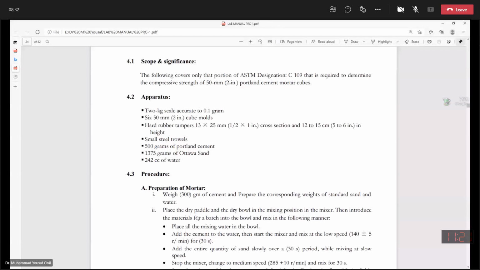As you know, the properties of the concrete, which is the final product after mixing the ingredients, will depend upon the properties of the individual materials: cement, sand, aggregate, and water. So before assessing the properties of the concrete, it is necessary to find out the properties of the ingredients. Okay.